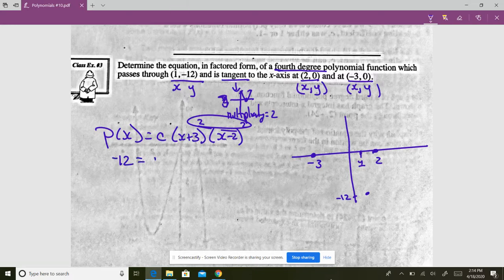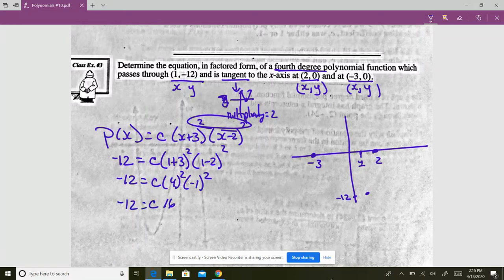Negative 12 is equal to c times (1 plus 3) squared times (1 minus 2) squared. 1 plus 3 is 4, 1 minus 2 is negative 1. 4 squared is 16, negative 1 squared is positive 1, divide by the 16.